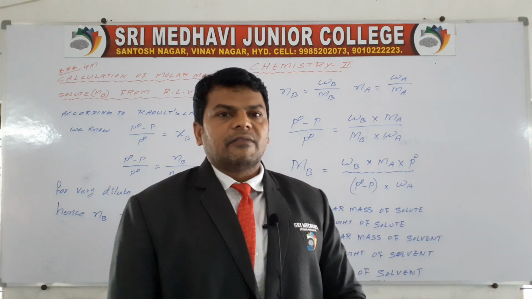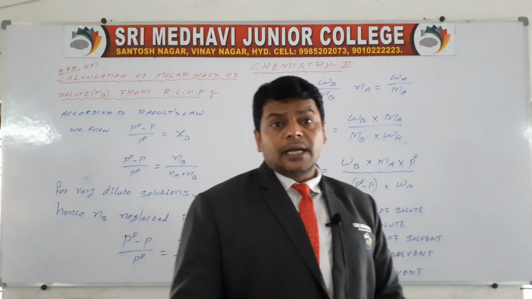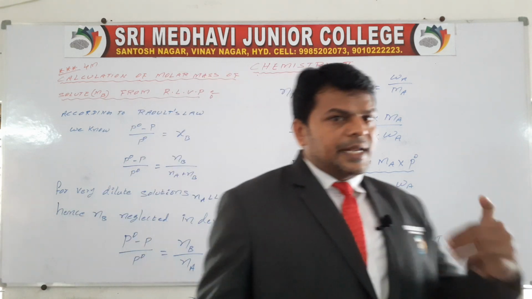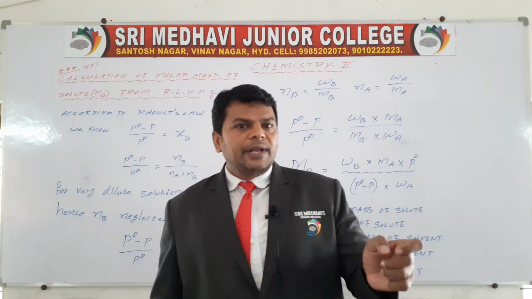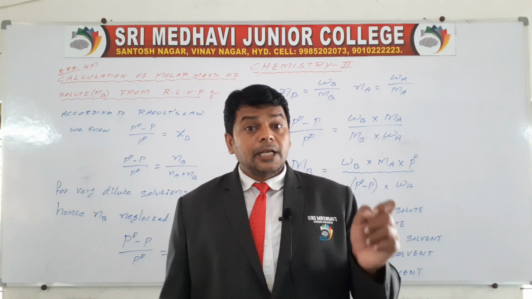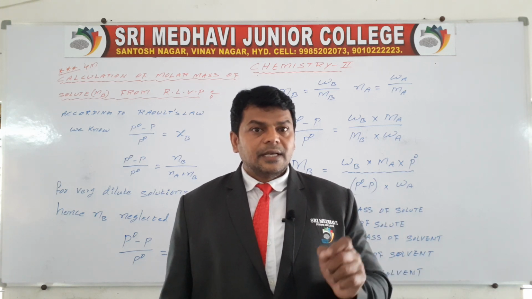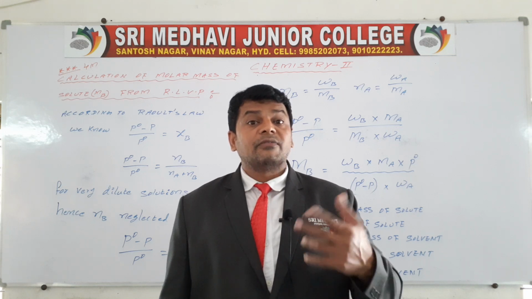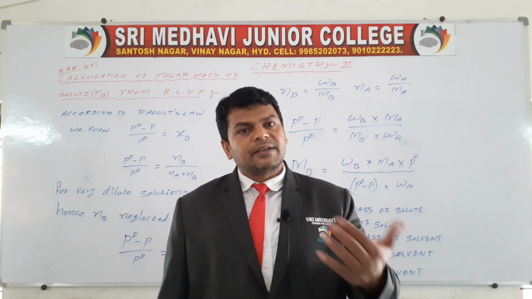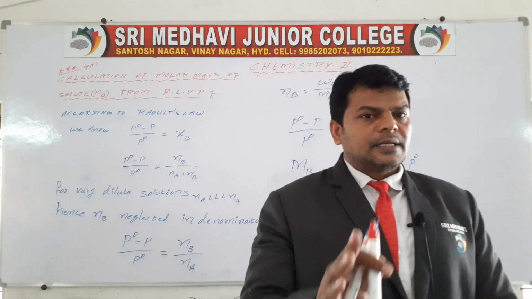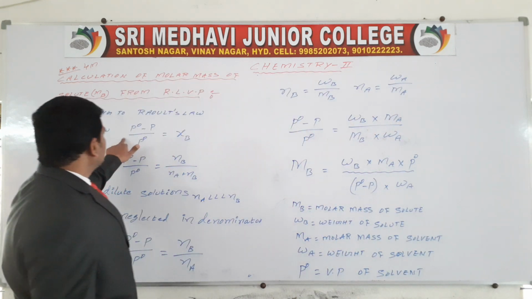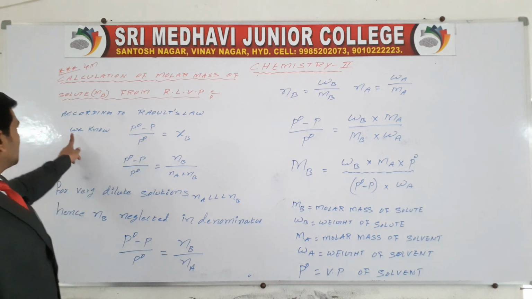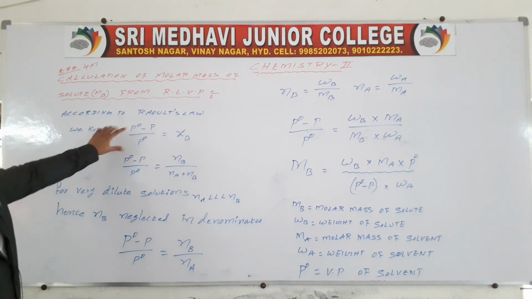So based on that, one more form of Raoult's law you have to know: the relative lowering of vapor pressure of a dilute solution having a non-volatile solute is equal to its mole fraction. Not directly proportional, but equal to its mole fraction. Then P naught minus P by P naught is equal to XB. It is Raoult's law.